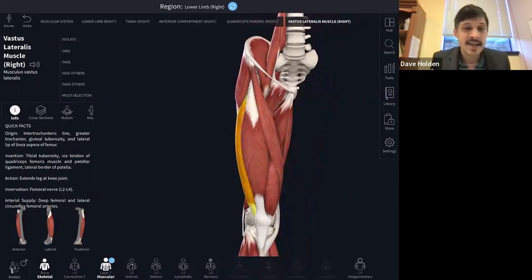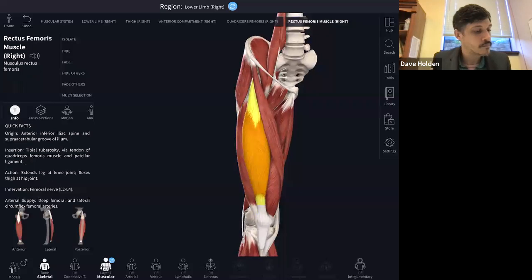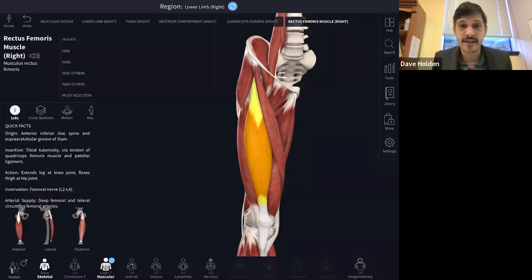Right here in the middle is a vertical muscle directly on the midline of the thigh. That is rec fem, rectus femoris. Right there in front. I'm going to take this muscle and hide it. We're going to cut it away to see what's underneath it.